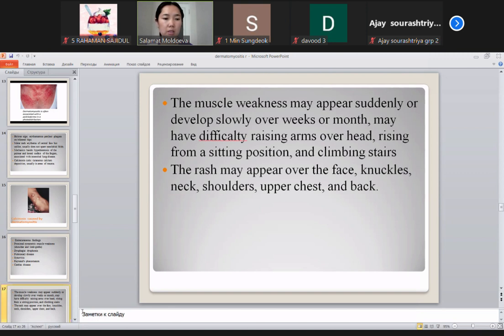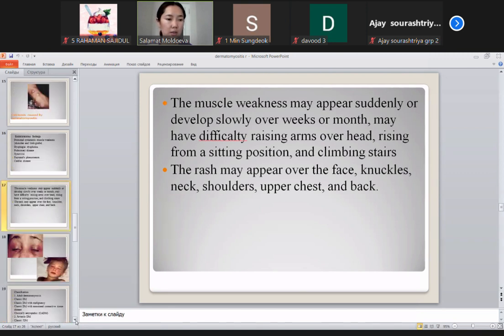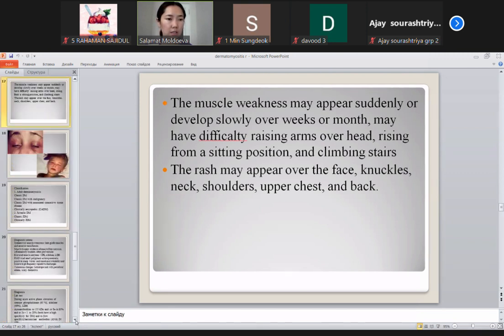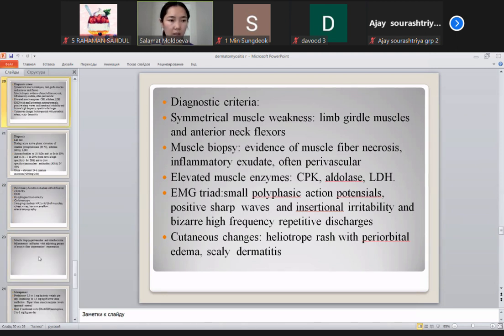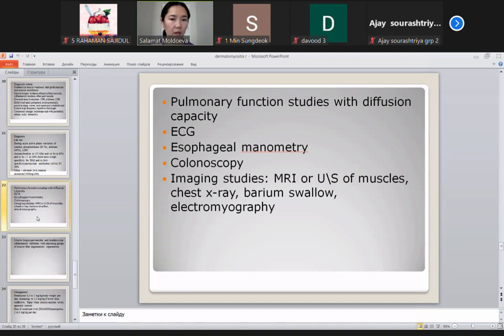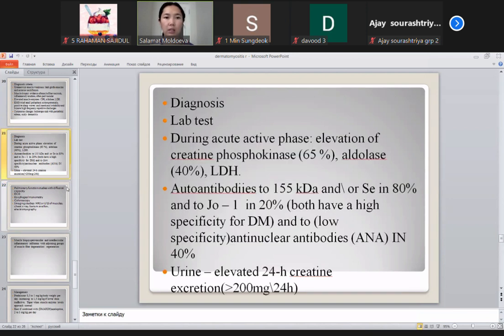Okay, about this we already said. Classification done. Okay, diagnostic criteria. No, let's talk about lab tests and then come back to diagnostic criteria. Okay, diagnosis. First, lab tests.